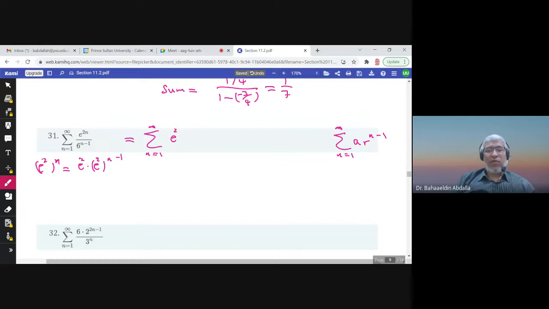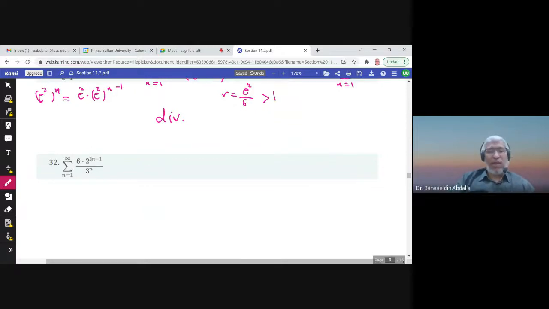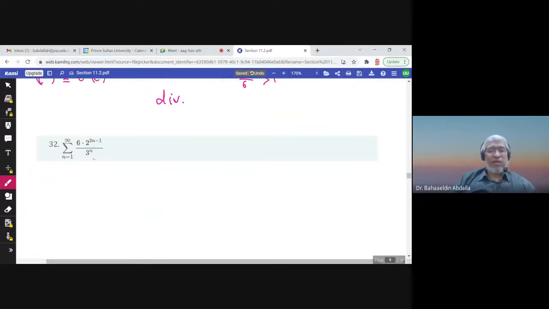I have e to the power 2, times e to the power 2 over 6, all to the power n minus 1. Comparing, a is e squared and r is e to the power 2 over 6. And if you use the calculator, this is greater than 1. So this series is divergent. Well, here I have 6, which is 3 times 2 times 2 to the power 2n minus 1 over 3 to the power n.